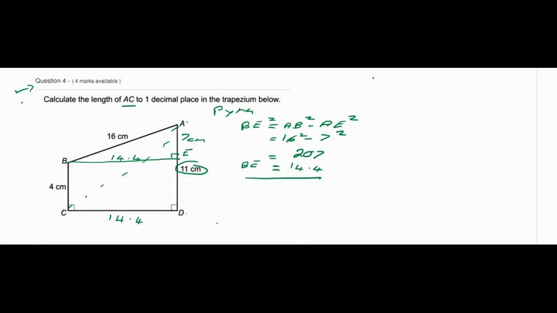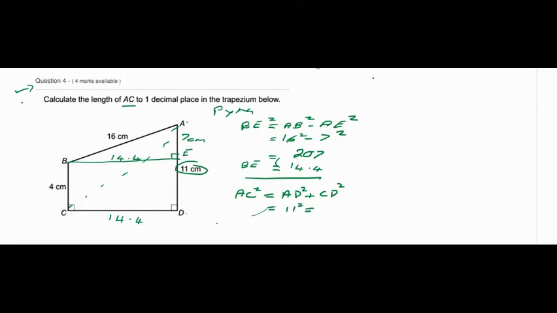Now we can work out the length AC because, let's get my pen working. AC squared is equal to AD squared plus CD squared. AD is 11 centimetres, so that's 11 squared.